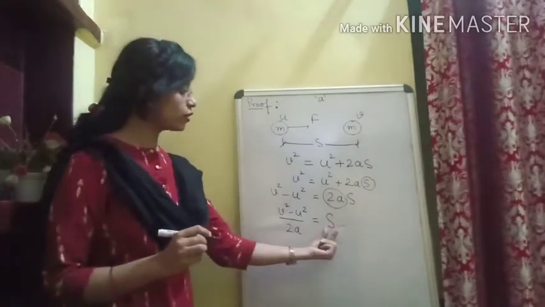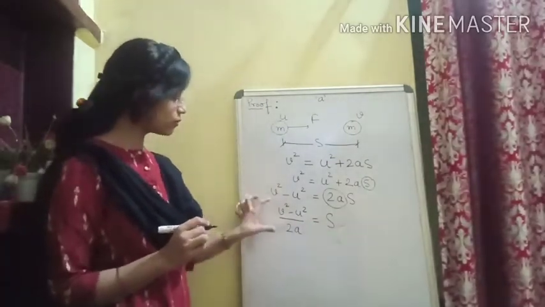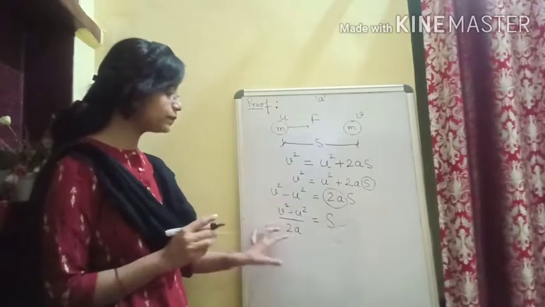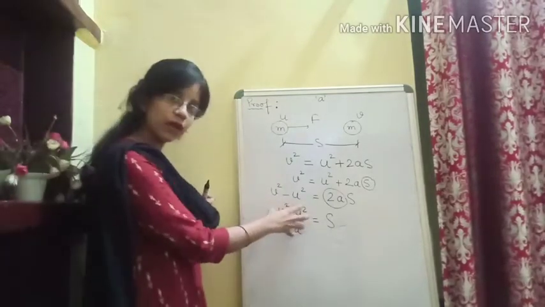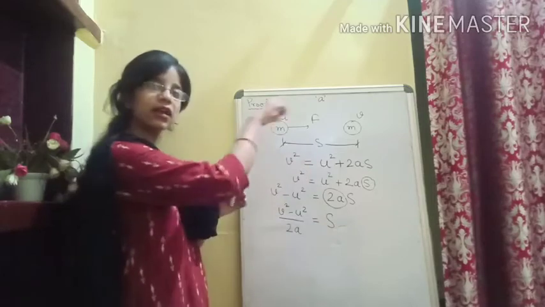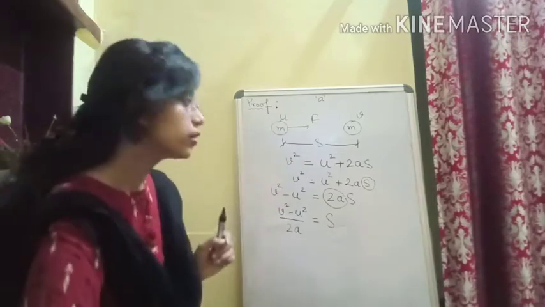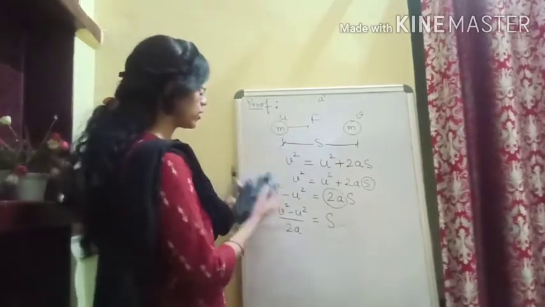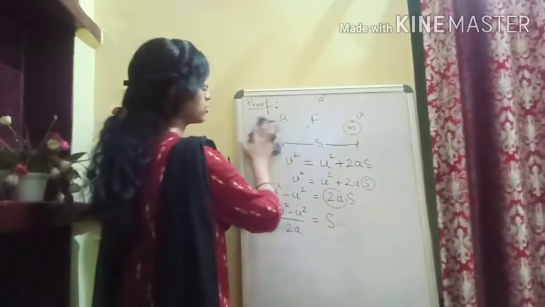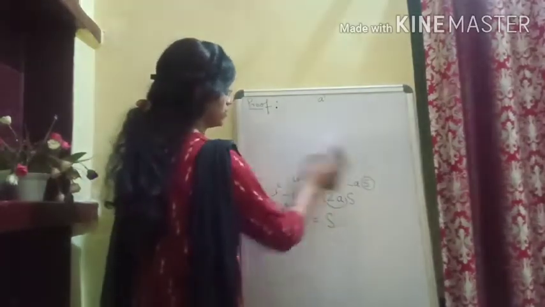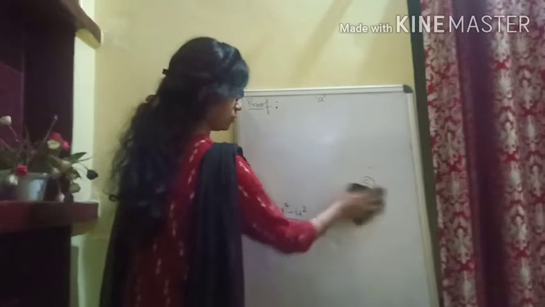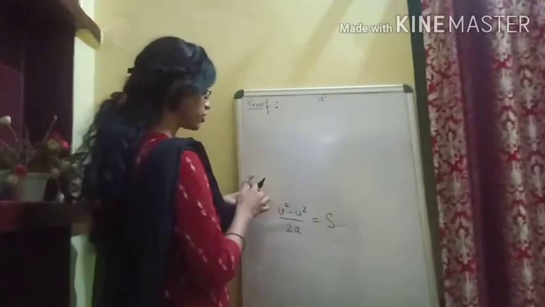Now since we have calculated the value of s in terms of v, u and a, we are going to put this value of displacement in our expression of work done. Now what was the expression we have written?